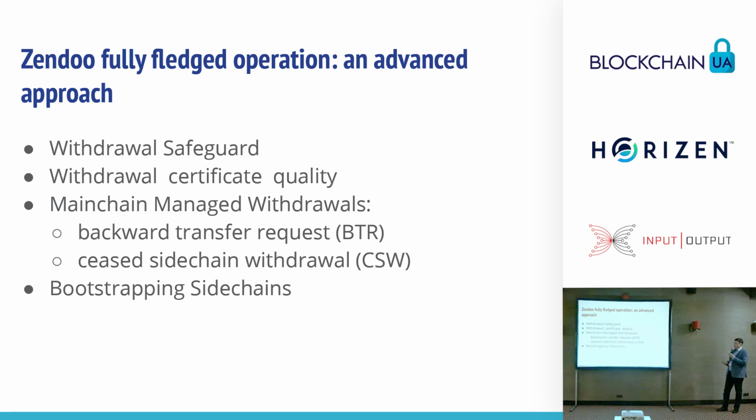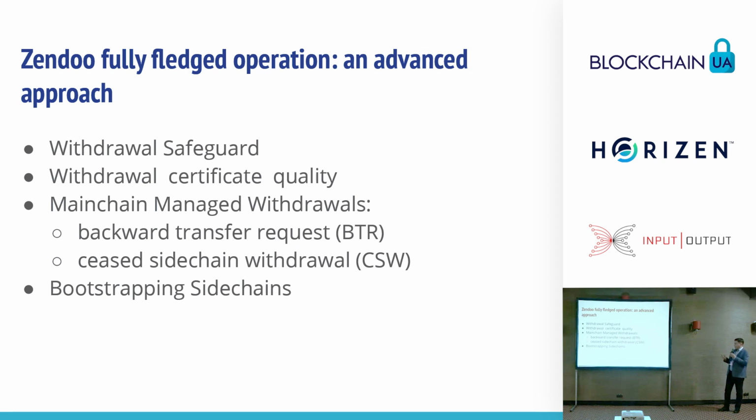If there are forks in the sidechain, we need to select the longest chain. We need to follow the longest chain rule. To enforce this rule for the sidechain, we use the parameter which is called certificate quality. With this parameter, we guarantee that the longest chain, if there are any forks in the sidechain, will be taken to the main chain.